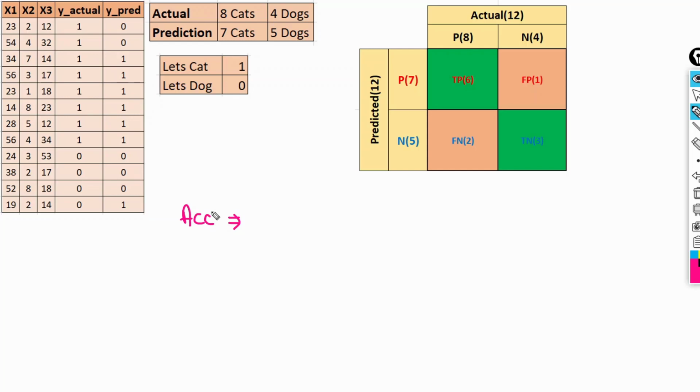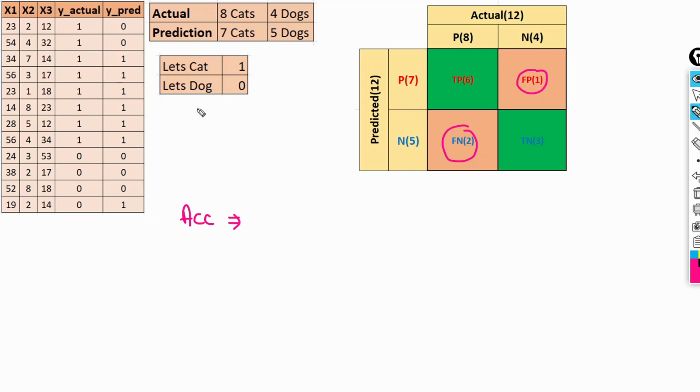It means there will be no false positive and no false negative. Whatever the positive and negative cases we have in the actual data, those should be the same as predicted by the model. In that case we can say that our model accurately classified all the classes, right?